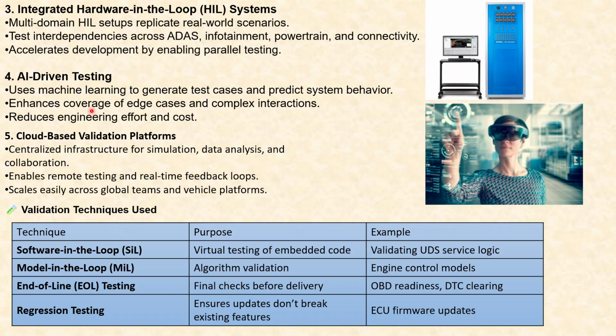It enhances coverage of edge cases and complex interactions. This is the main advantage of AI-driven testing. Edge cases means testing as near to the ECU as possible. It also reduces engineering cost and effort.